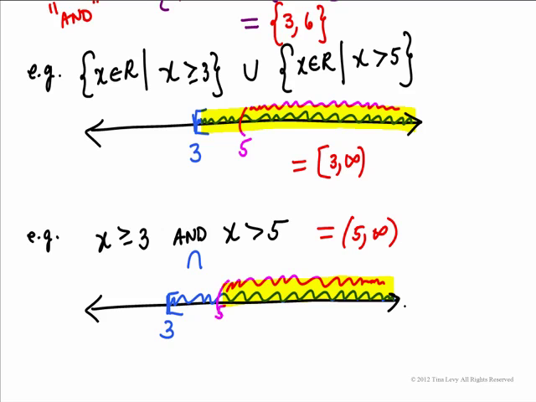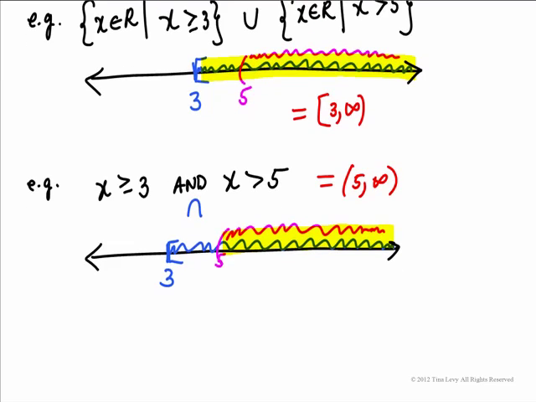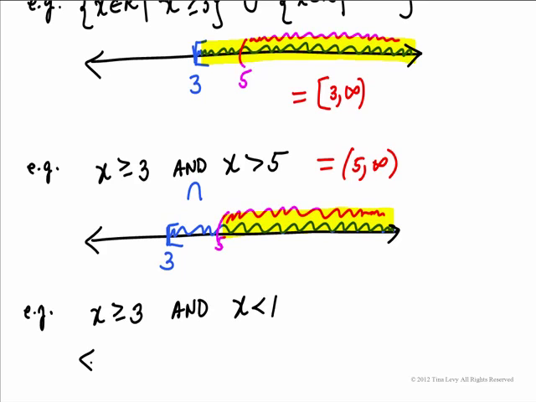We're going to do another example, and in this example I'm going to look at x greater than or equal to 3, and I'm going to do another intersection, x less than 1. We're going to graph this just like we did before.